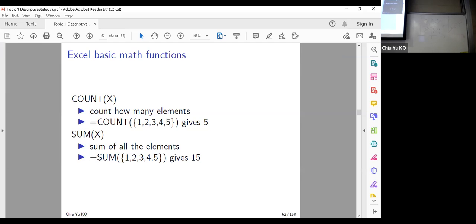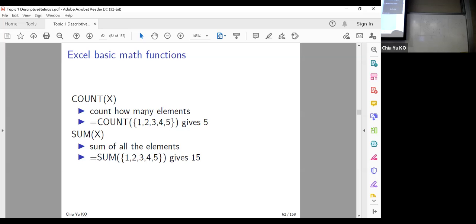The capital letters, like EXP and SQRT, are what we call Excel built-in functions, created by Excel. If you want your own, you have to use VBA, but I don't think we have time to teach this because we are spending time on R, and R is easier for writing such things. So we just rely on what is given by Microsoft Excel.